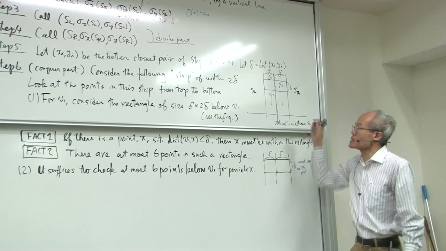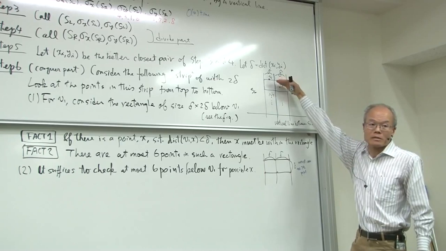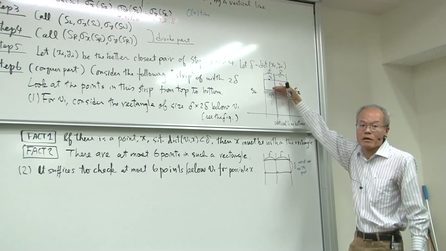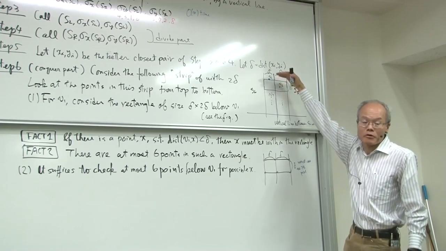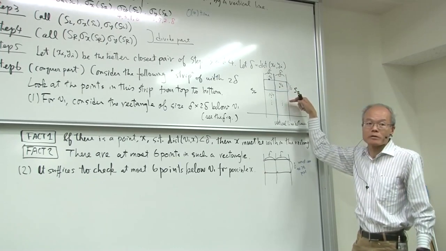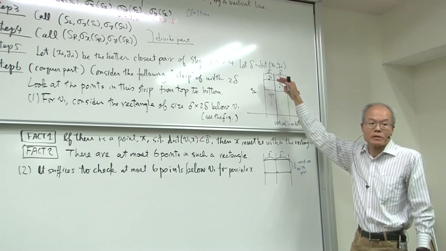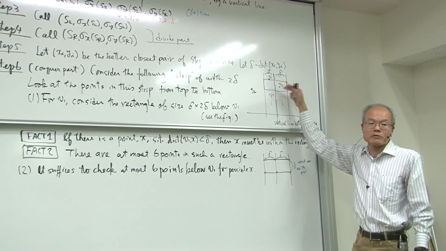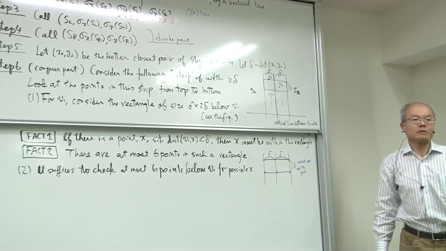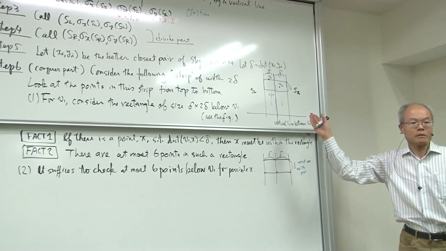So you look at the first point V1, then scan the points in this strip from top to bottom, look at 6 points, and check the distance between each point and V1. If the distance is less than delta, then it might be a correct answer. The important point is that 6 points below V1 are enough.